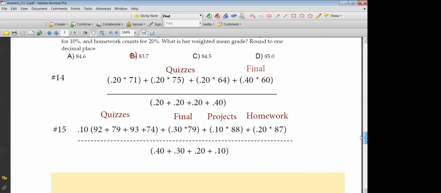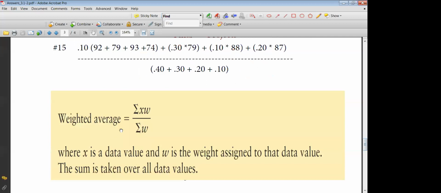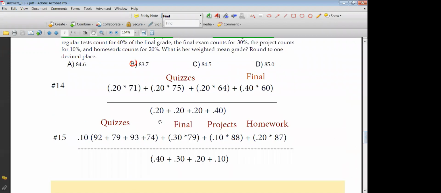All right. Here it is. A weighted average is the sum of all your scores times their weights divided by the sum of their weights. Now, I'll tell you, the sum of the weights for our purposes will always be 1. It doesn't have to be that, but in our case, if you look at these denominators, 0.20 added with 0.20, 0.20, it's 1.